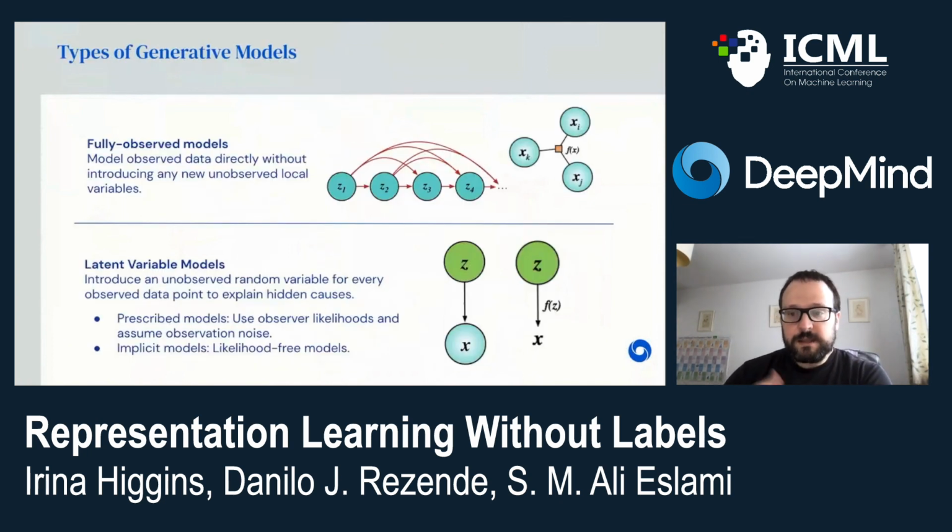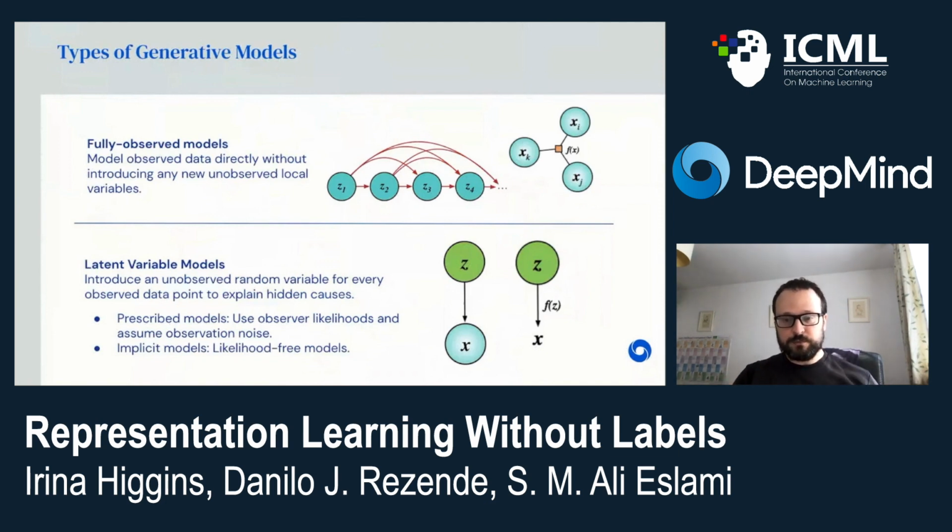We can represent all these models as graphs, which express relationships between random variables. In these plots, random variables are represented by circles, and the dependency structure is given by these arrows and lines. So we have autoregressive models at the top left and factor graphs at the top right.